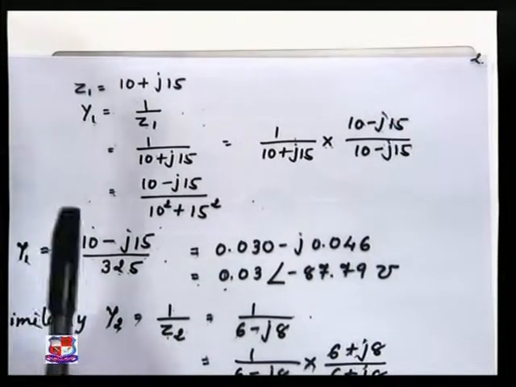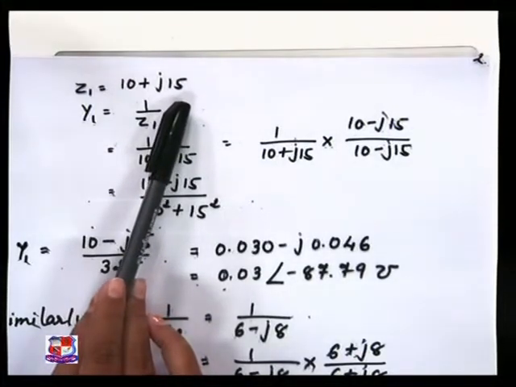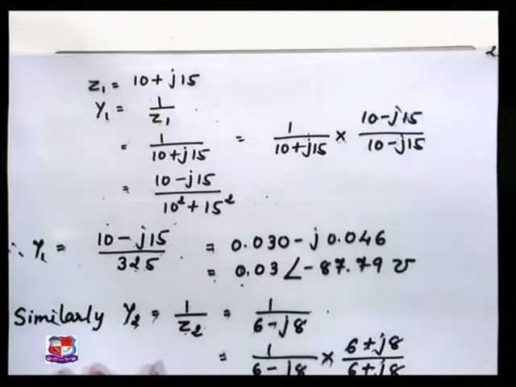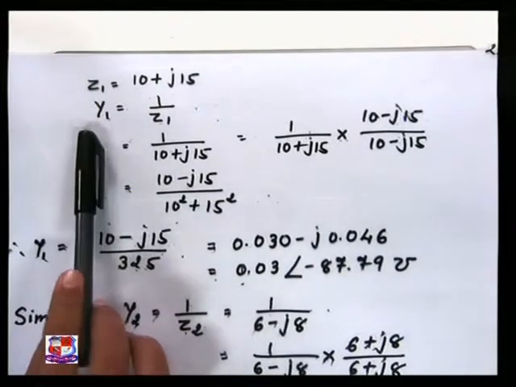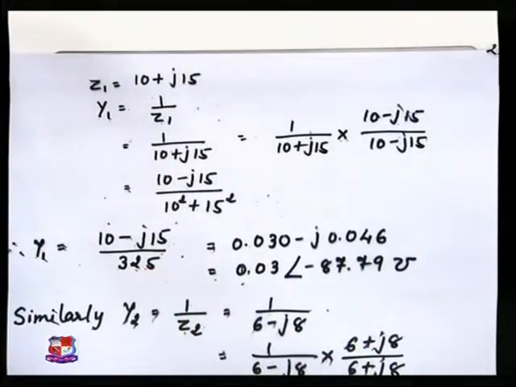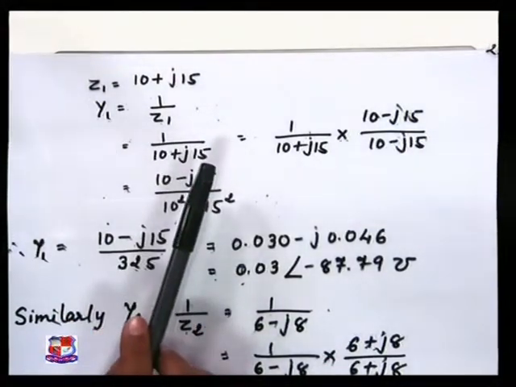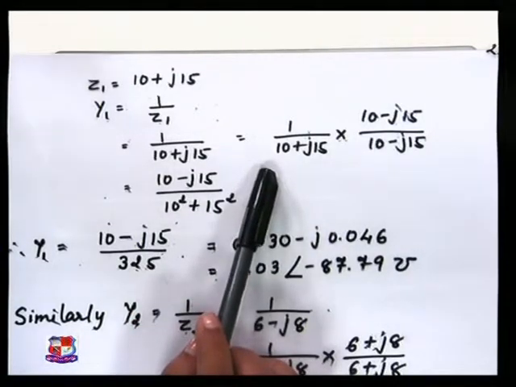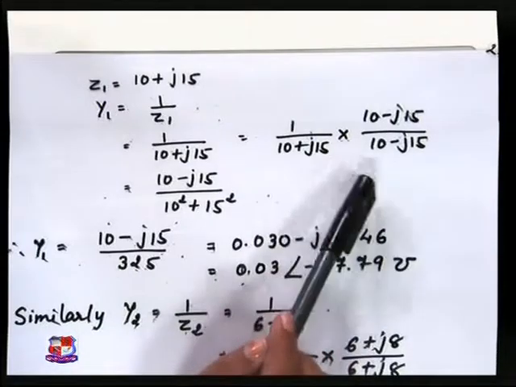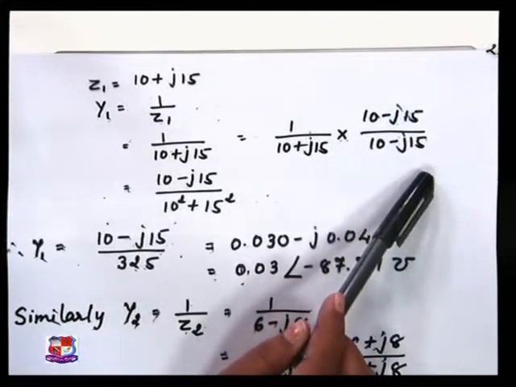Okay, Z1 is equal to 10 plus J15. Whenever you find a value of admittance, then Y1 is equal to 1 upon Z1. Value of Z1 is given, so it is 1 upon 10 plus J15. So it is 1 upon 10 plus J15 multiplied with the conjugate number, so into 10 minus J15, 10 minus J15.